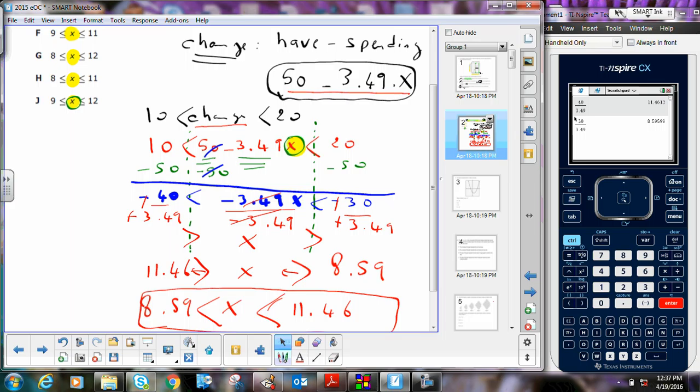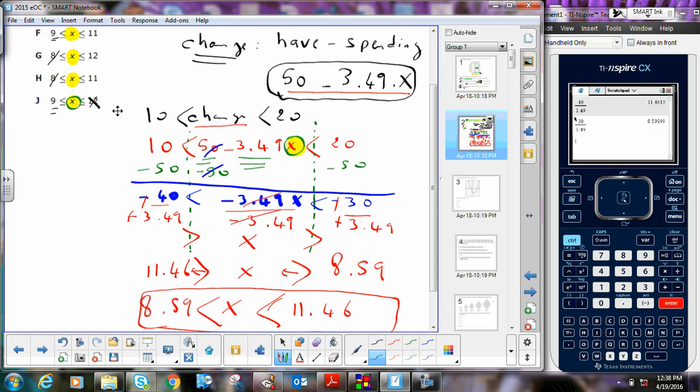So in this case, I'm going to start doing the process of elimination. So x cannot be equal to 8. There is no way x equals 8. Could be equal to 9, because 9 is more than 8.59. Now, x has to be less than 11.46, so x cannot be 12.